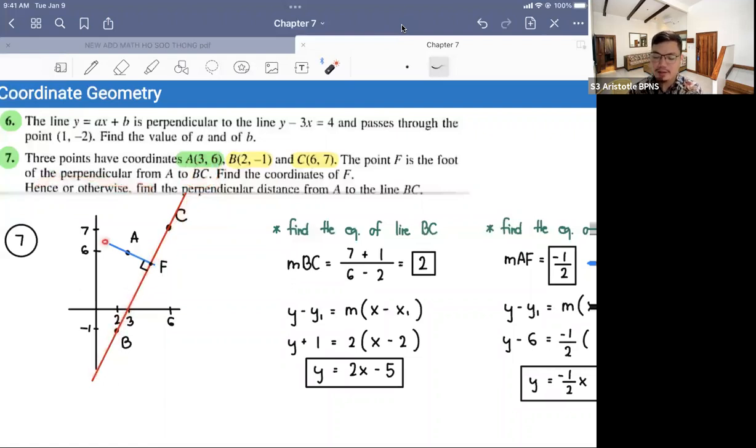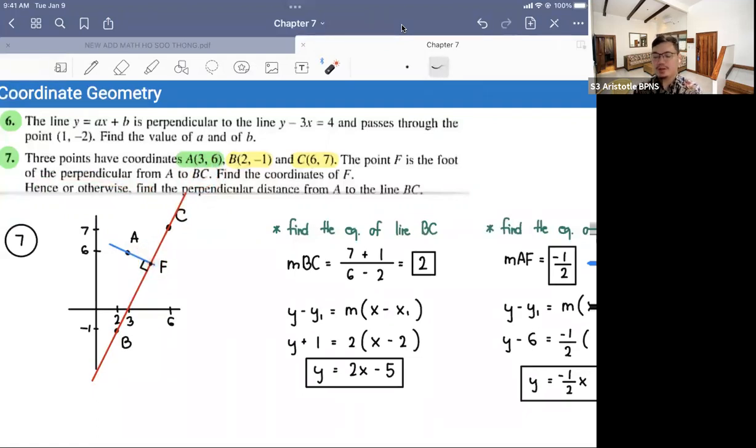So there's a line through point A that intersects this line BC, which makes them perpendicular. This point here that intersects line BC is point F. This is basically called the foot, or foot of the perpendicular. So basically it's point F, right?